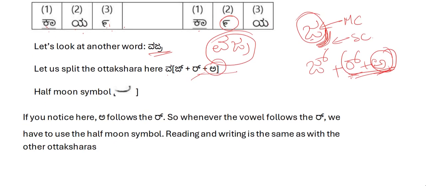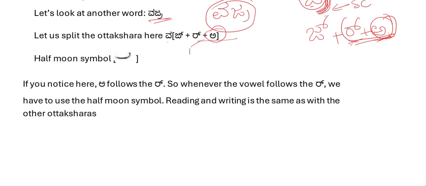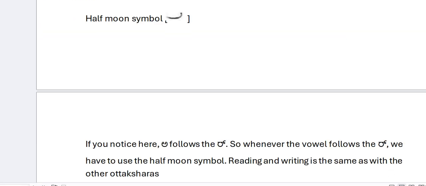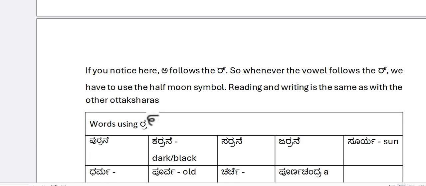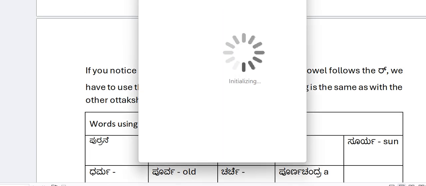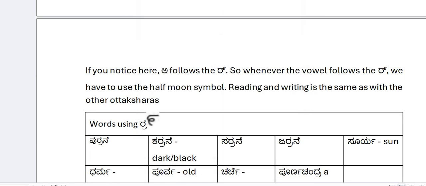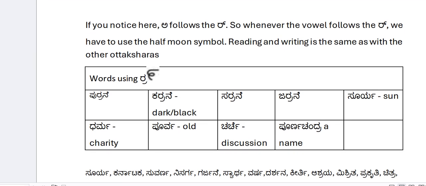Now let us try reading a few words having both Arka Ottu and the normal half moon symbol. Let me scroll down. Here this one has the half moon symbol.